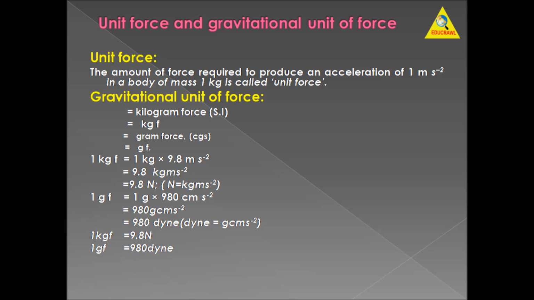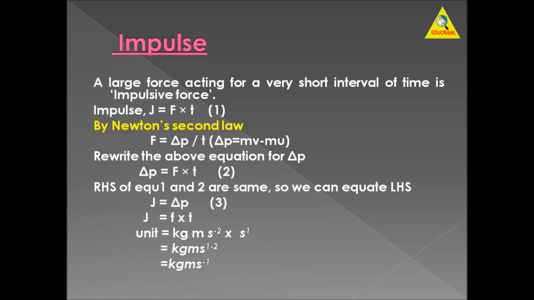Next we shall see about impulse, which is nothing but a very large force acting for a short interval of time. The symbol for impulse is J, and it is the product of force and time. Hence J is equal to F into t.